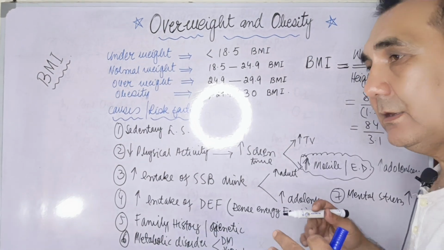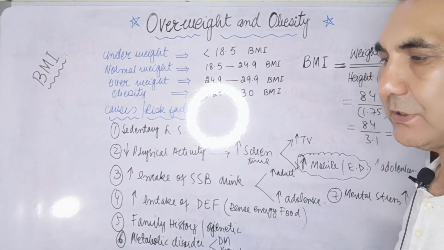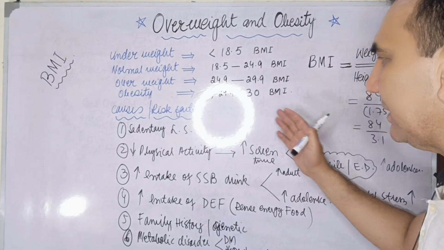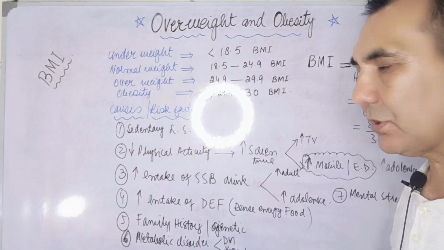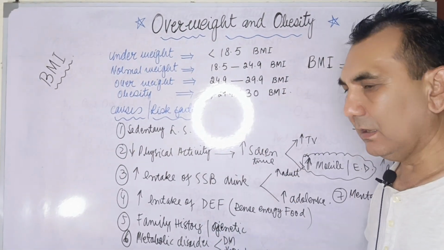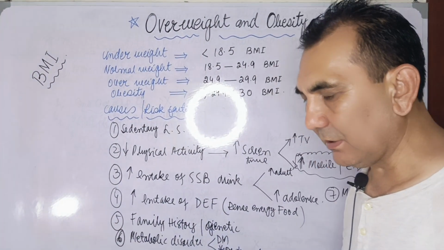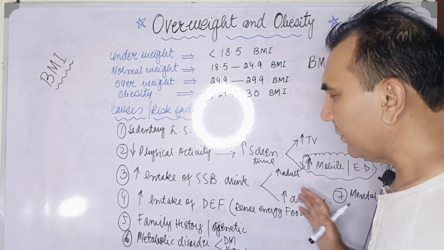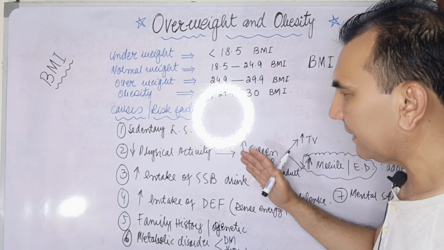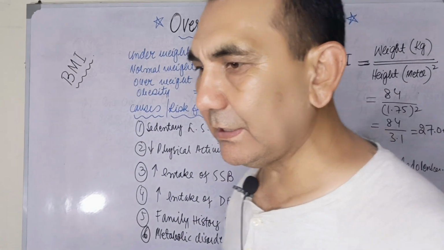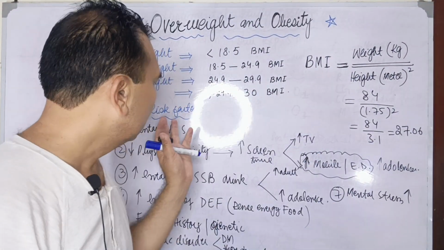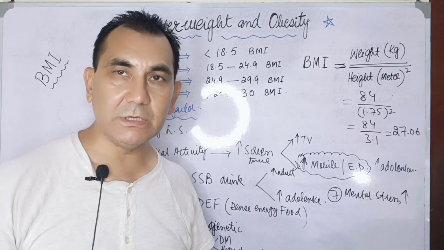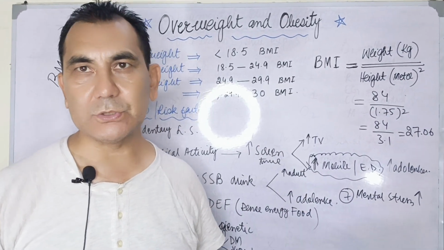And then with anxiety and depression, the person becomes isolated, and physical activity decreases, and then under stress he will take more food while physical activity decreases. So this is another cause which is increasing the prevalence of overweight and obesity among adolescents and the adult age group.